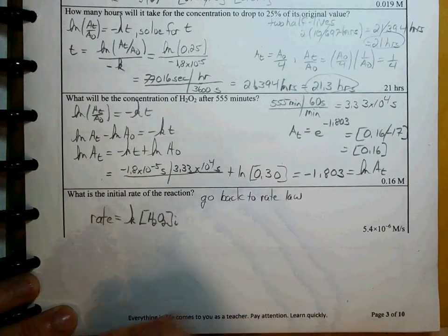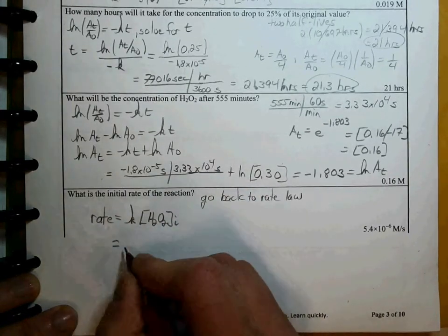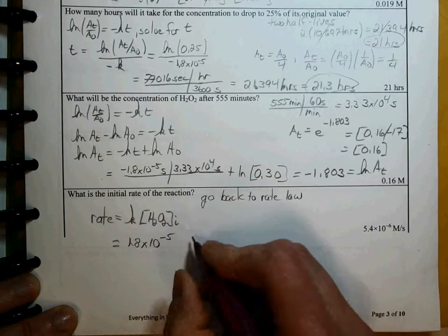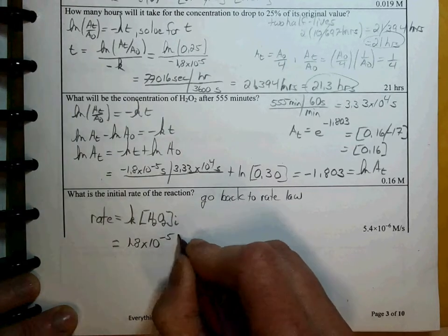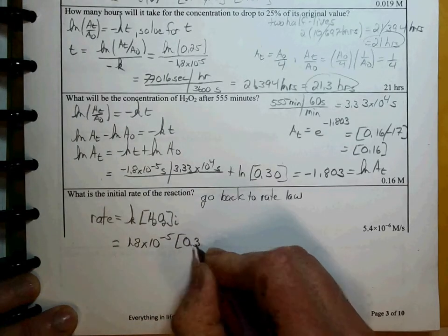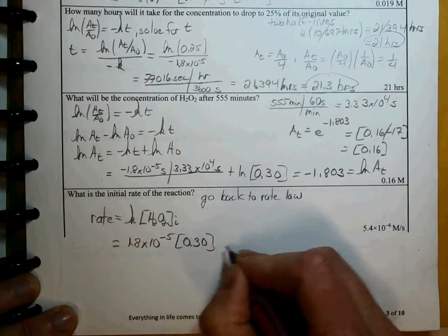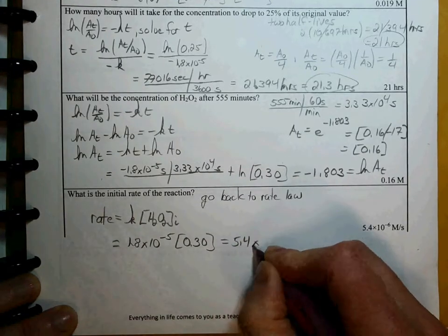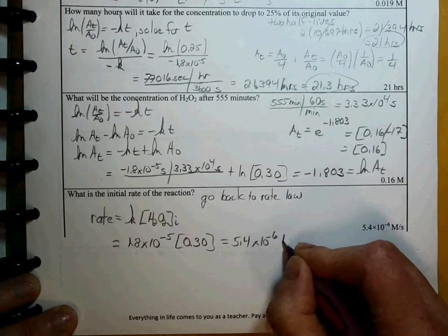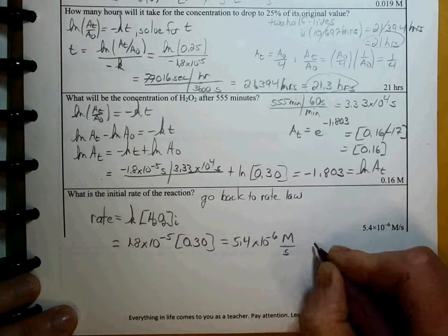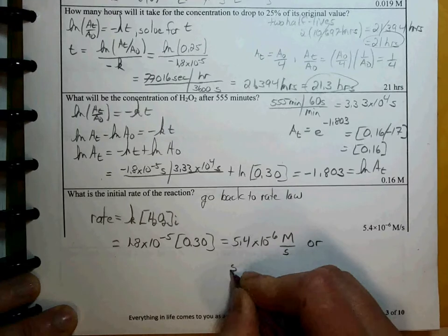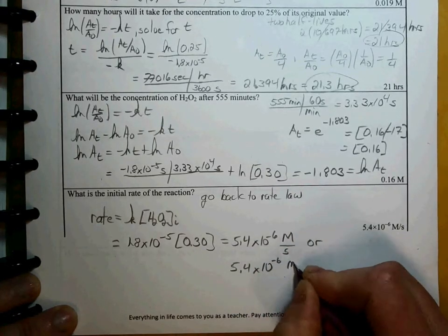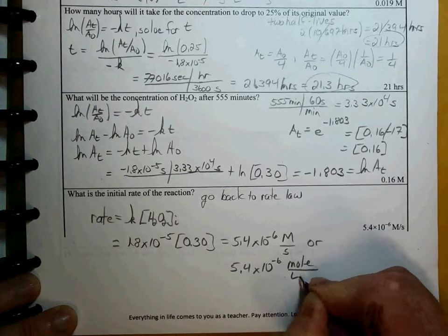Again, we're talking about the initial rate. 1.8 times 10 to the minus 5, multiplied by 0.30 molar, and our rate is 5.4 times 10 to the minus 6 molar per second, or we can express this as 5.4 times 10 to the minus 6 moles per liter per second.